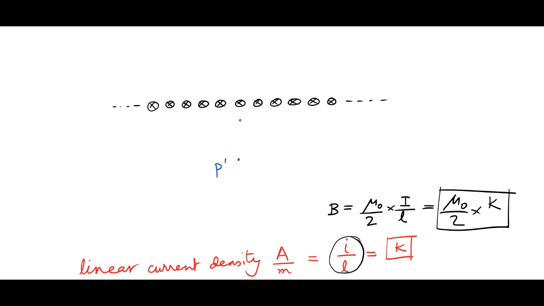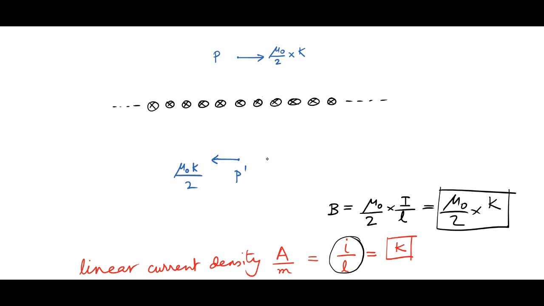Let's say P dash is over here and symmetrically placed, but on the opposite side, is point P. So we have just discovered that the magnetic field, because of this plane at point P, is of course towards the right, but its value is mu naught by 2 multiplied by the linear current density. And likewise, the magnetic field at point P dash is towards the left, but its magnitude is still mu naught K divided by 2.